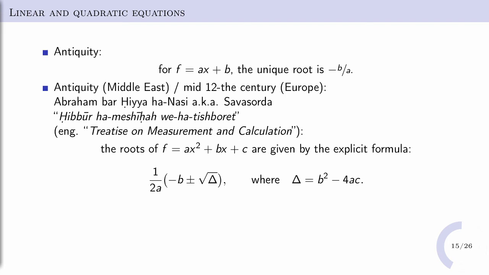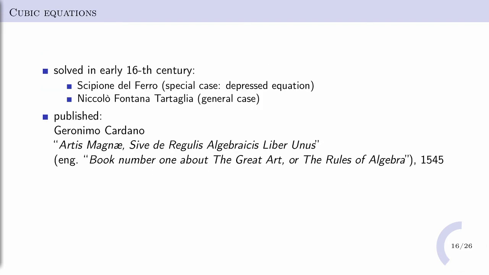So the next step was to solve the polynomial of degree 3. The cubic equation was solved only in the 16th century, so much later than the previous two cases. It was solved first by Scipione del Ferro in the early 16th century, but in a very special case when this cubic polynomial is depressed, when there is no term of x squared.